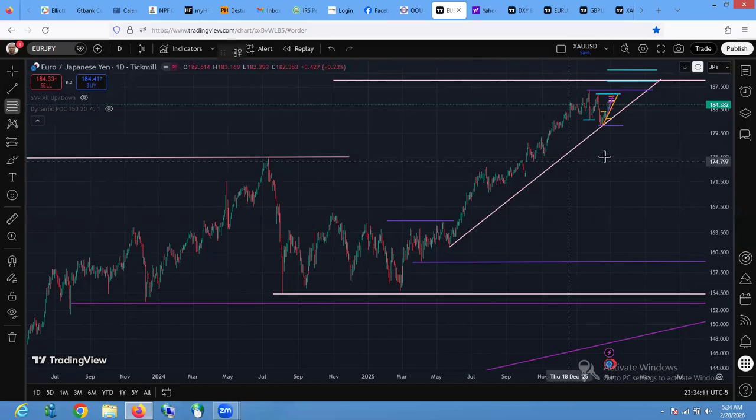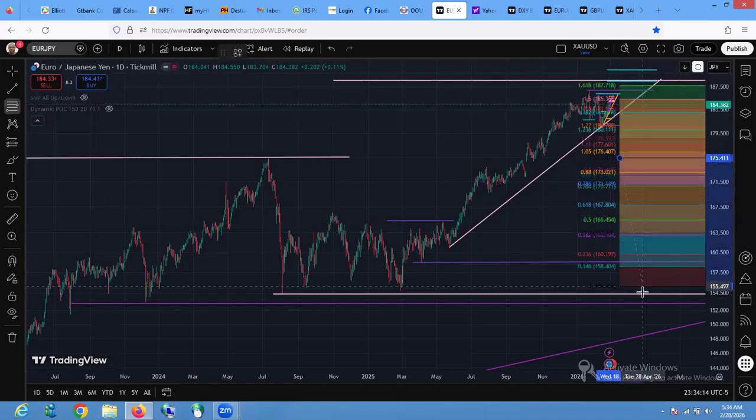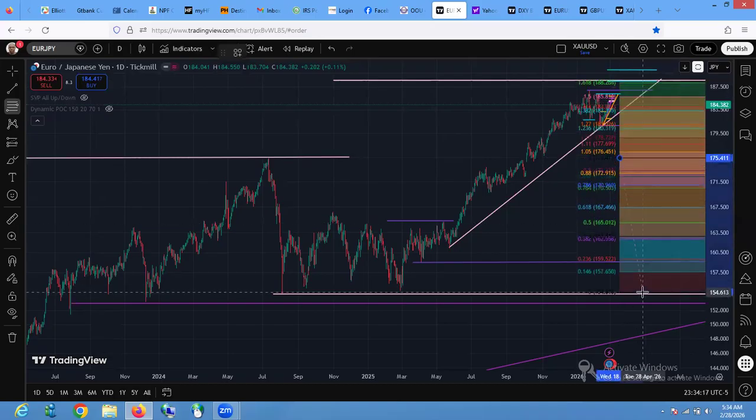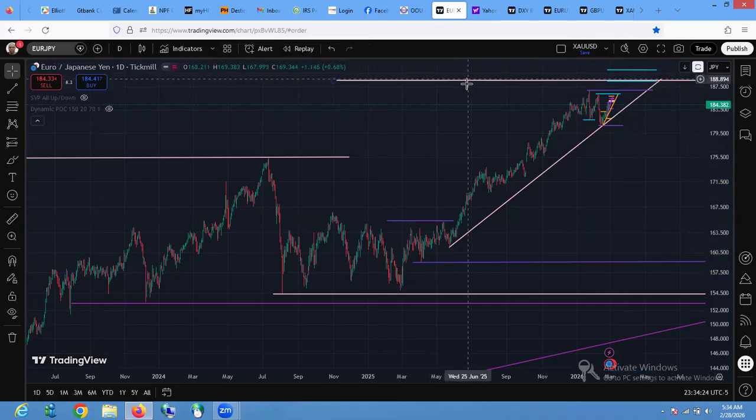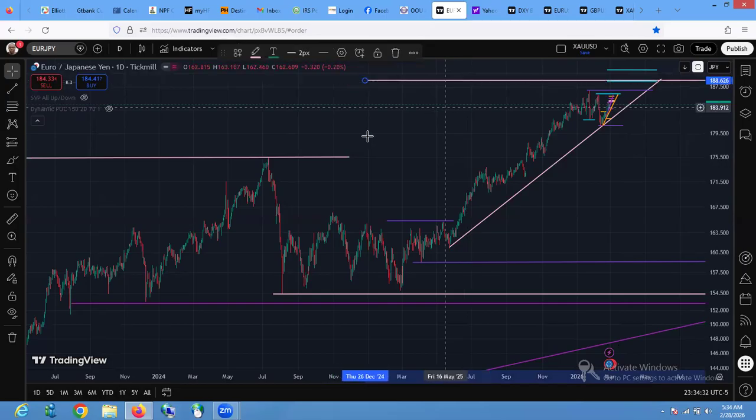If you plot that, exactly 168 extension is where we have this resistance. So we are going to pay attention to this 168 extension to finish the 5th wave.